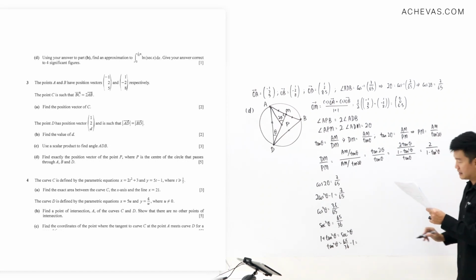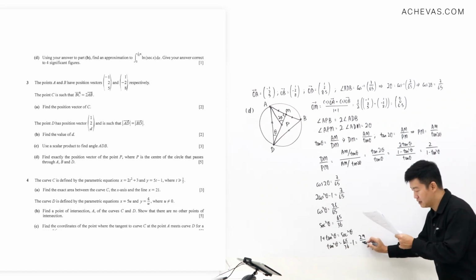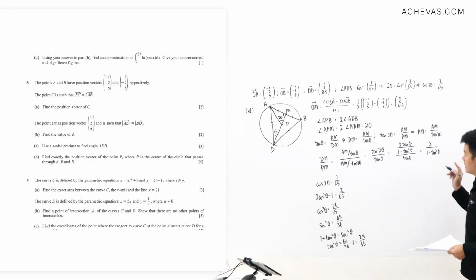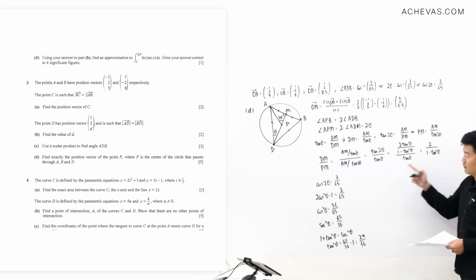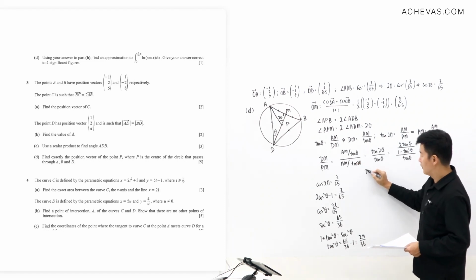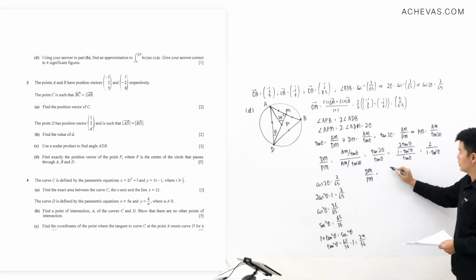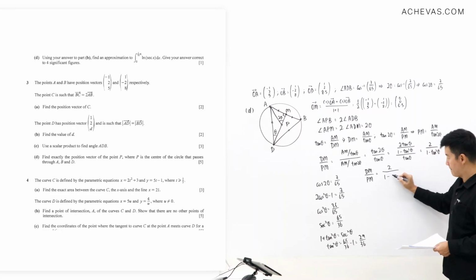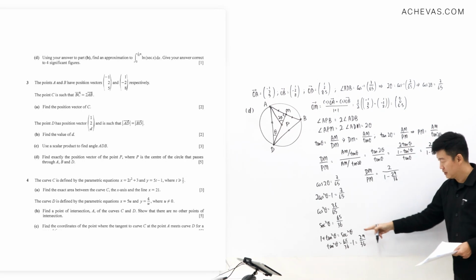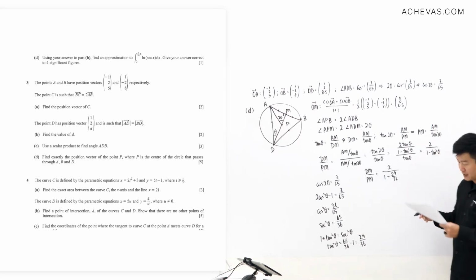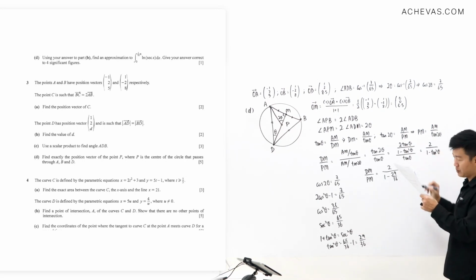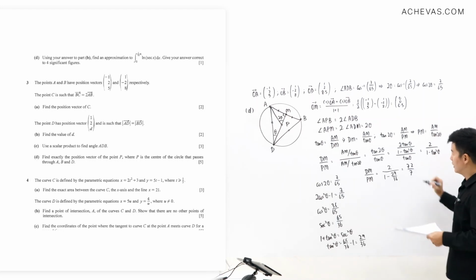So tangent square theta is going to be equal to 29 over 36. And now I can plug it back into here in order for us to find the ratio of DM over PM. And this is going to be equal to 2 over 1 minus 29 over 36, because we have just found out tangent square theta is going to be 29 over 36. And this will be giving us 72 over 7.